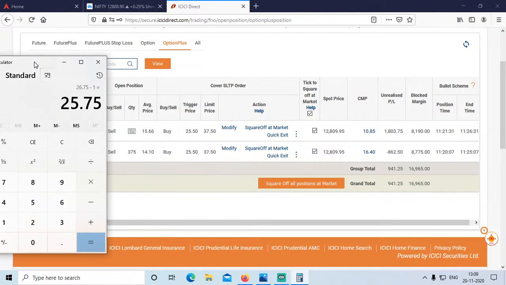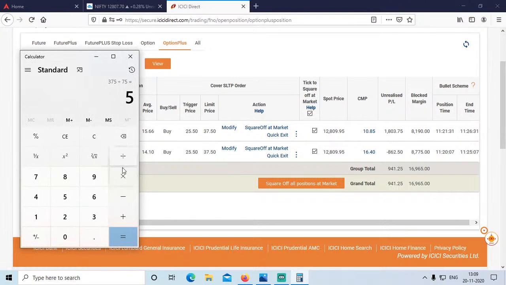375 divided by 75, which means I have taken 5 lots. So 5 lots, each lot will cost me 5 rupees. 5 lots will cost me 25 rupees plus 20 rupees per execution, which means 45 rupees per execution.